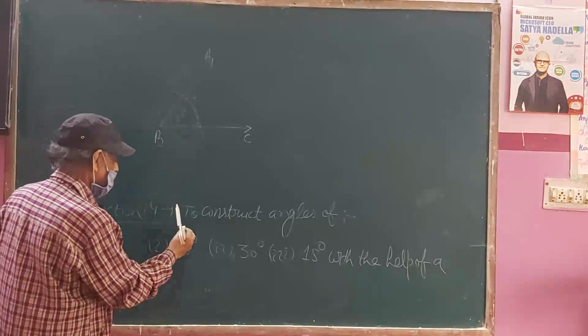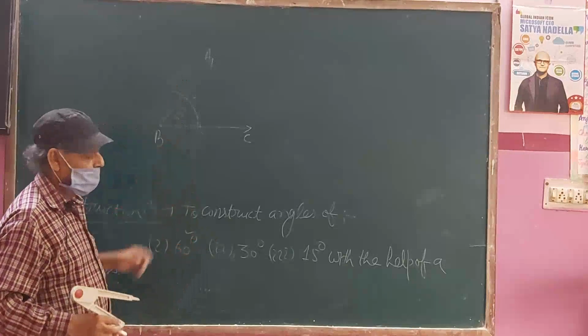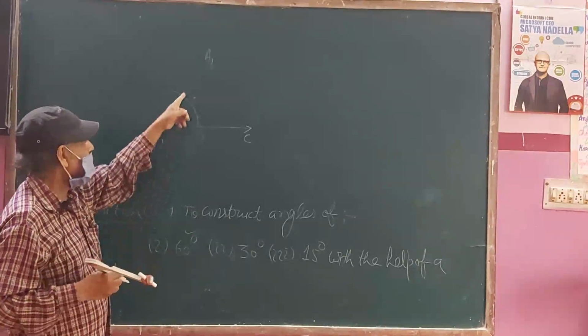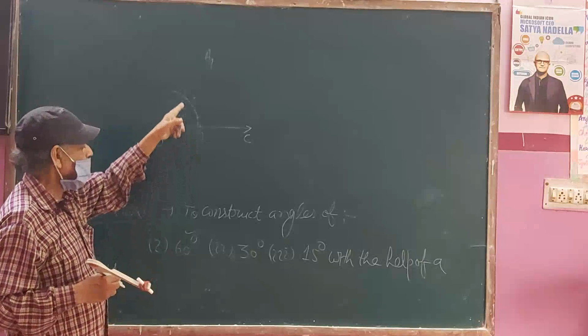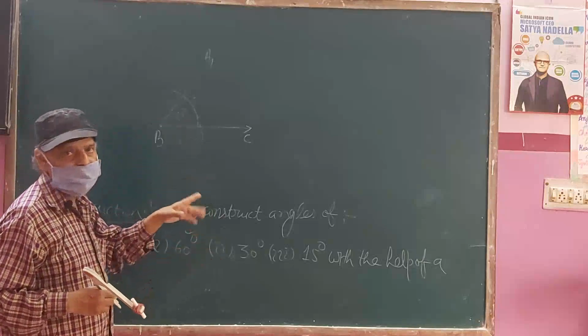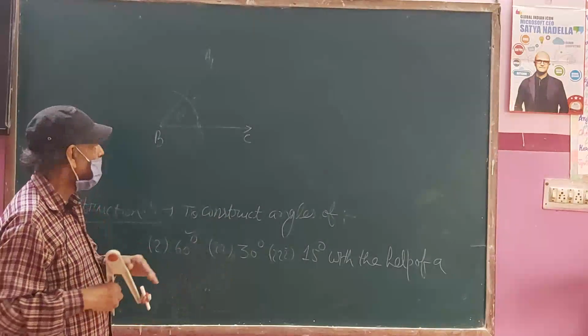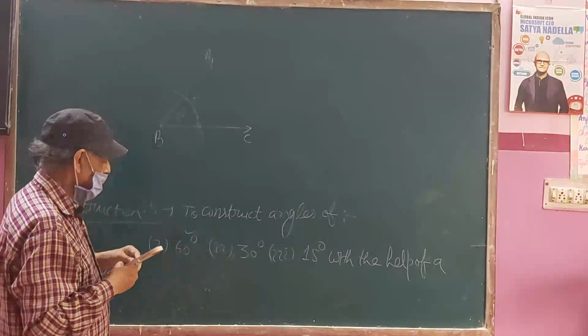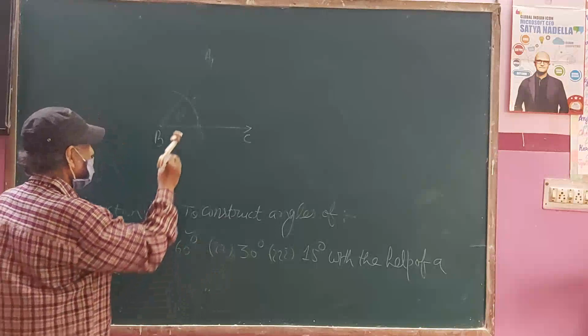This angle is complete. You can make 30 degree within this. How? You can bisect this angle. This 60 degree, you can bisect this angle and you can get 30 degree. Then again bisect that 30 degree angle, you will get 15 degree. This is a simple calculation. So you can bisect it well.